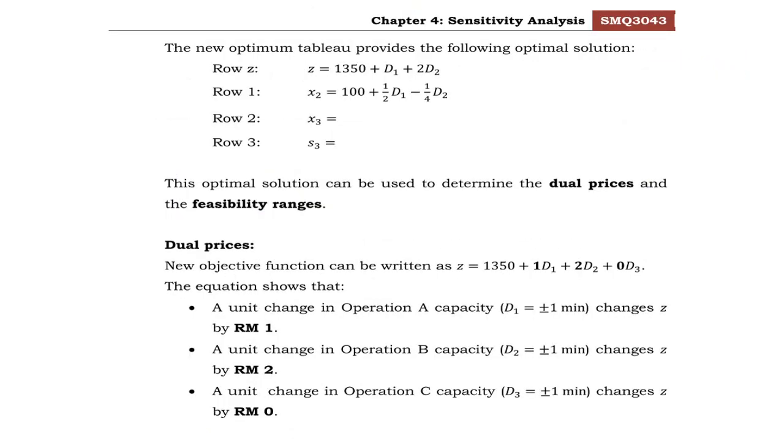The new optimum tableau provides the following optimal solution. From row 0, we can see that Z equals 1350, as you can see at the right hand side column, plus D1 plus 2 D2.